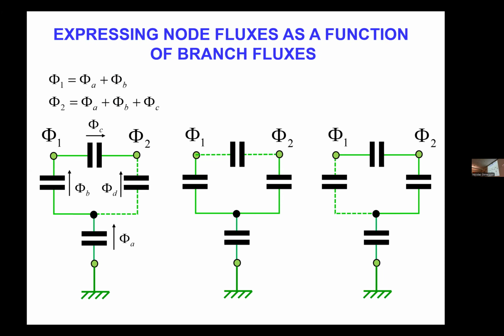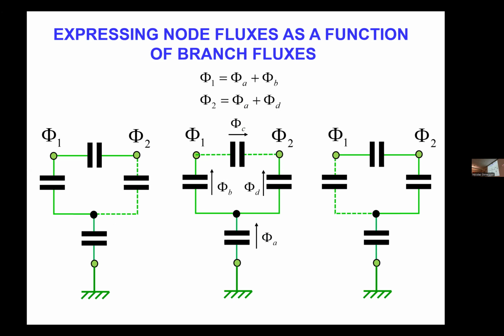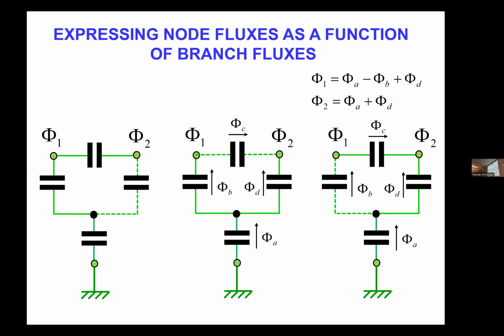Okay, so I am detailing the algebra here. So you see phi1 is actually phi A plus phi B. So these are authorized branch fluxes. And then phi2 is phi A plus phi B plus phi C. But if I go here, I have different definitions. You see phi2 is phi A plus phi D. And here it is phi1 which is changing.